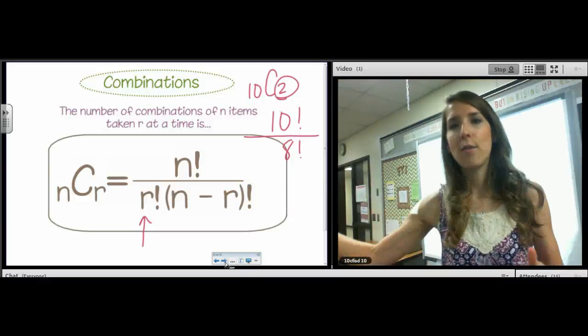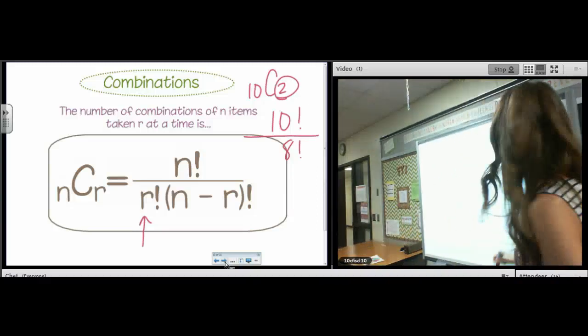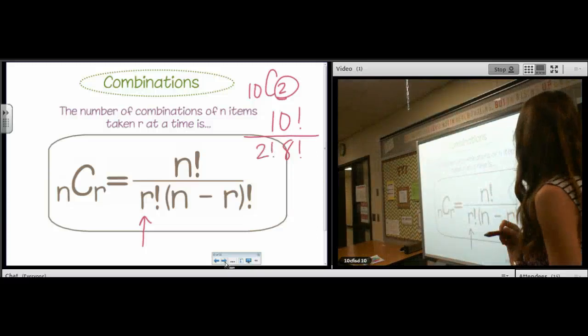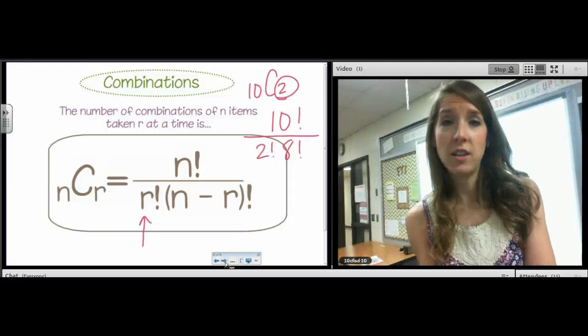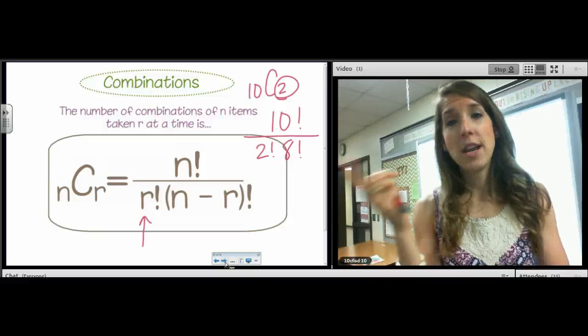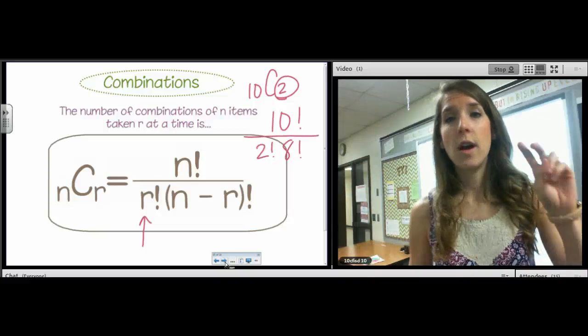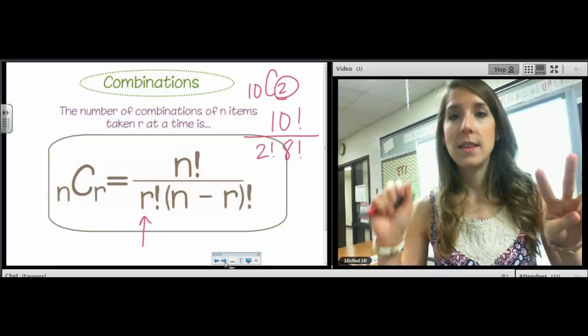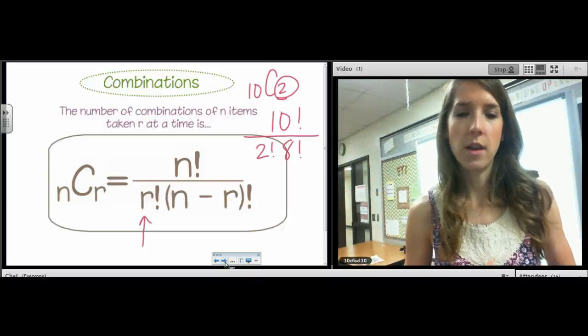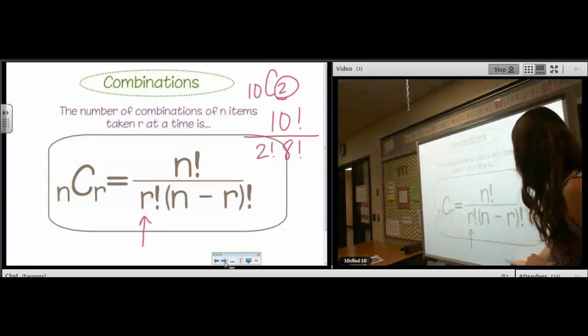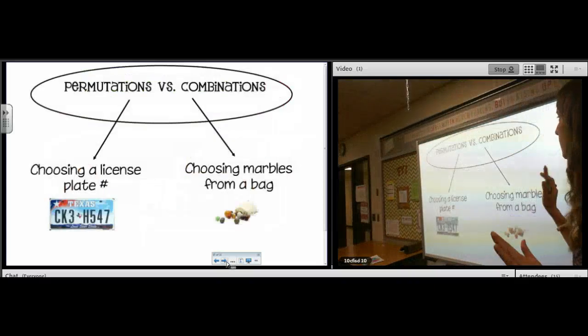So I want to divide out all the repeats. Does that make sense? I need to get my permutation, but then divide my permutations by 2 because I don't want AB to be different than BA. I hope that kind of makes sense where the formula comes from. Okay, we already talked about that.